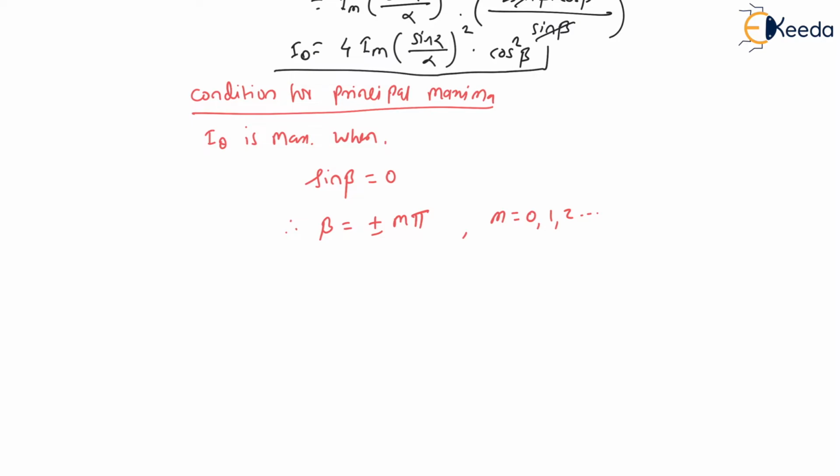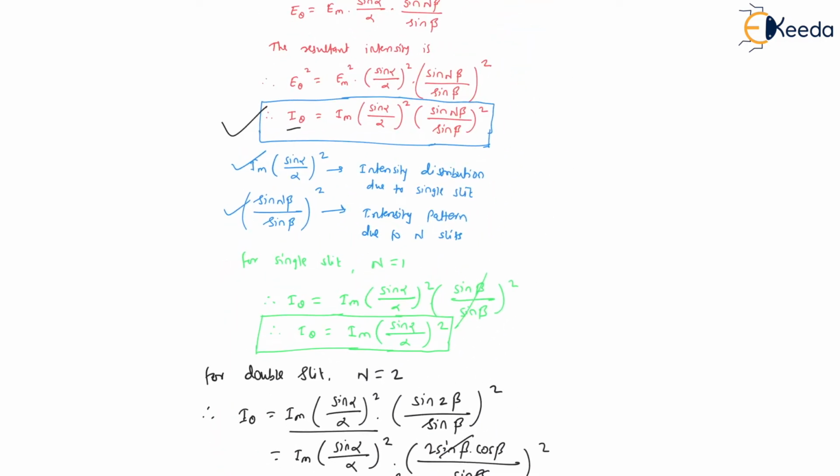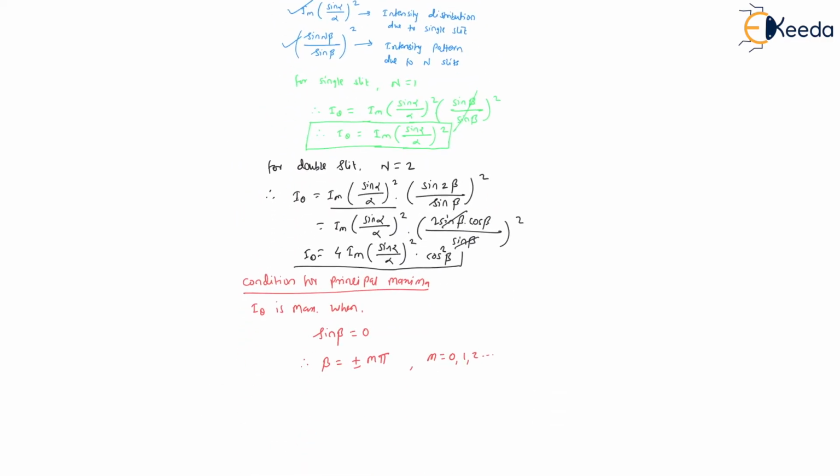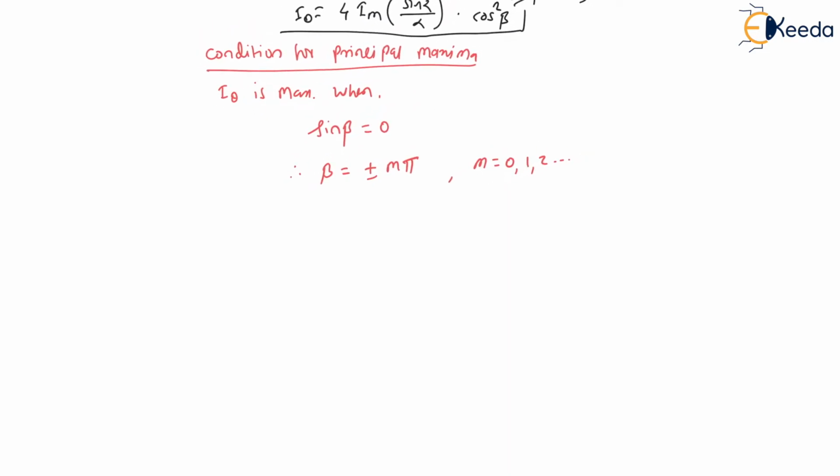Now see, sin β is in the denominator of this equation. If sin β is 0, ultimately the whole expression will be infinite, or we can say not defined. So first of all we have to set a limit for this particular value.